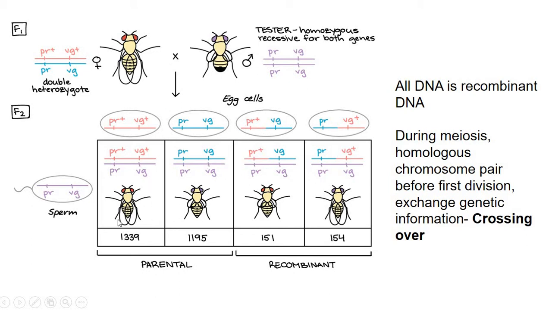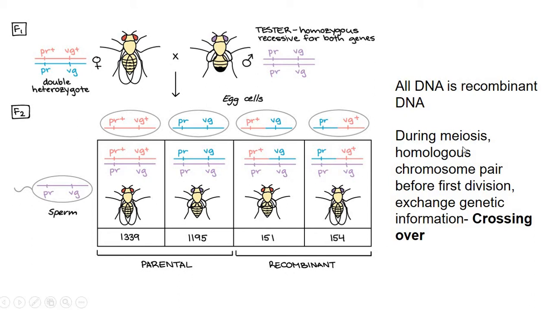If there is no recombination, there will be two different kinds of eggs, either this chromosome with these alleles or this chromosome with these alleles, and the sperm will have the same allele. But if recombination happens, then these portions will be exchanged between the maternal and paternal homologous chromosomes, and the female now has more diversity. So these children will be variable from their parents.